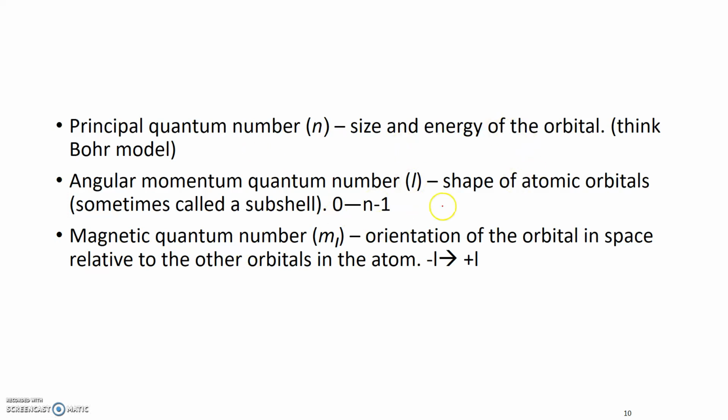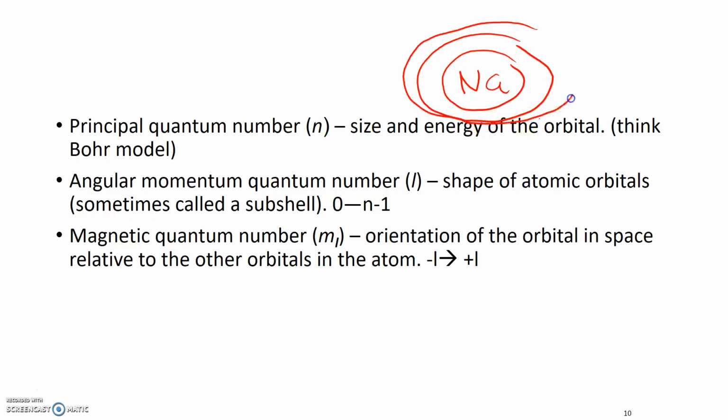This is one that you already know about, because if we go to our Bohr diagram, like sodium, we had those nice, pretty little orbitals around it. And I said that you could label them from lowest energy to greatest energy, 1, 2, and 3. These numbers, 1, 2, and 3, that's n. So n is the size and energy of the orbital.